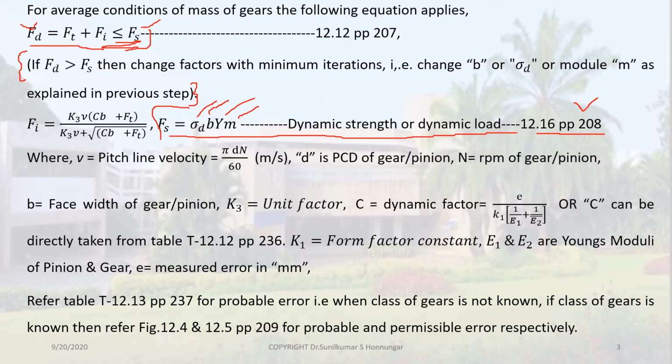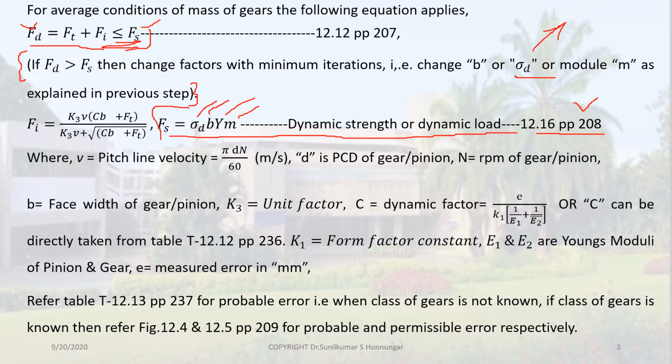Further, if FD is still greater than Fs, then you have one more option, like changing the material. Whatever gear or pinion you are designing, you can change its material. But there is a limitation here also: if the material is already given in the problem, you don't have the liberty to change it.